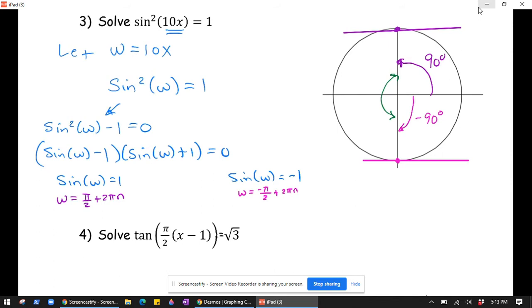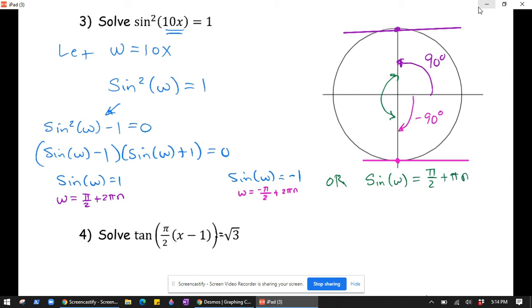So you could actually write this as one succinct equation. Maybe we'll do that instead. So note we have these two families of solutions, but I could also just say w is equal to pi over 2 plus pi n.